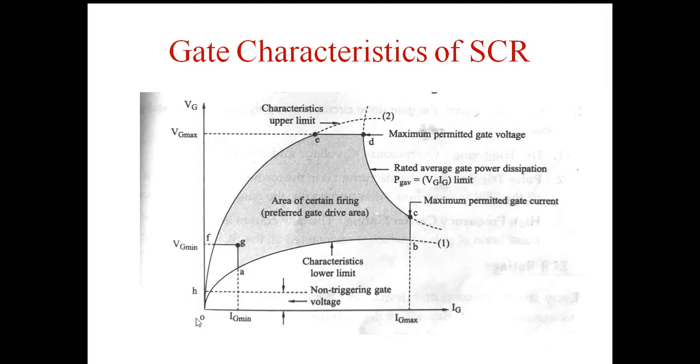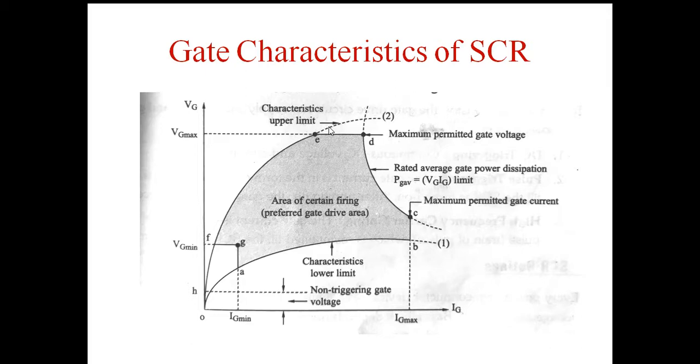It means if you are increasing the gate to cathode voltage, how the gate current flowing through the device increases. So this is like a normal PN junction diode only, but these two curves are for different manufacturing of devices.